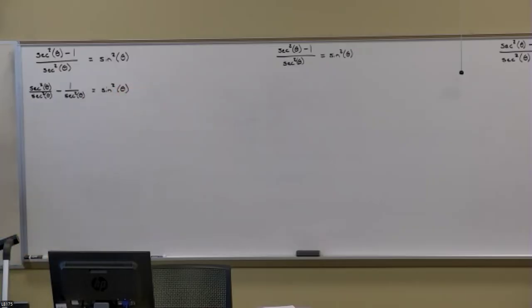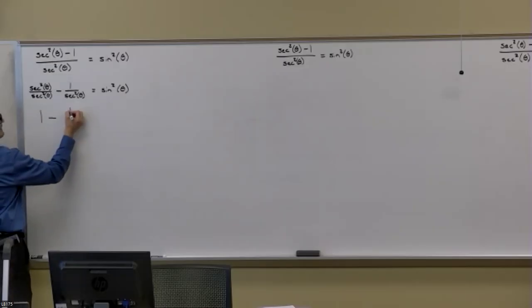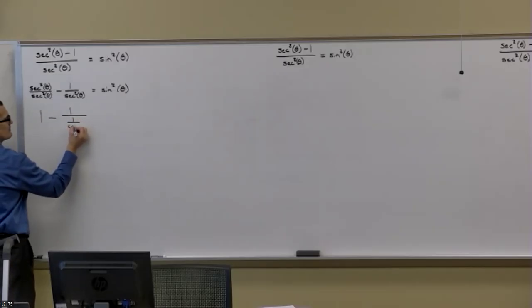That would be fine to do. We'd get 1 minus the reciprocal of secant squared. I'll rewrite that. Secant squared is 1 over cosine squared.